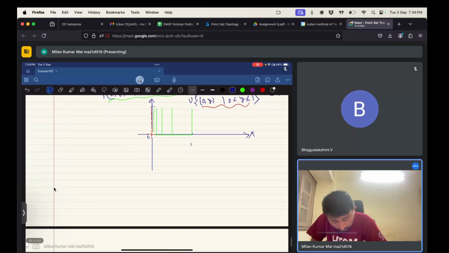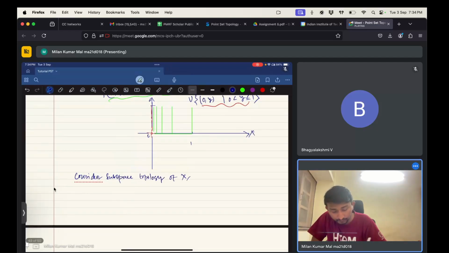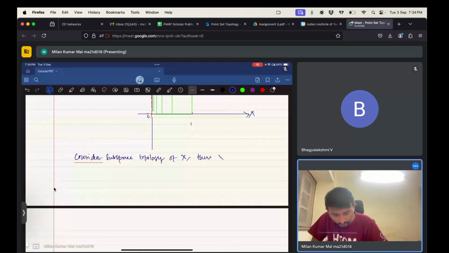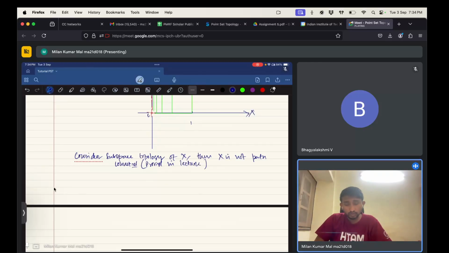So consider the subspace topology of X. Then X is not path connected. Proved in lecture 20 or 21, I think.